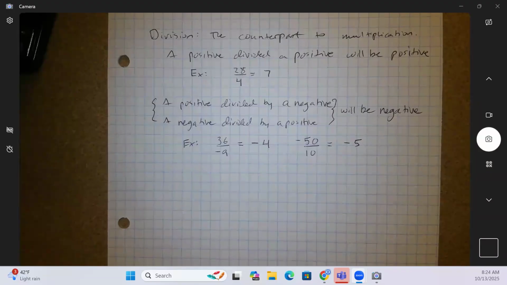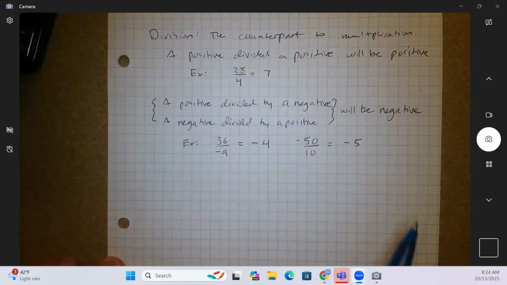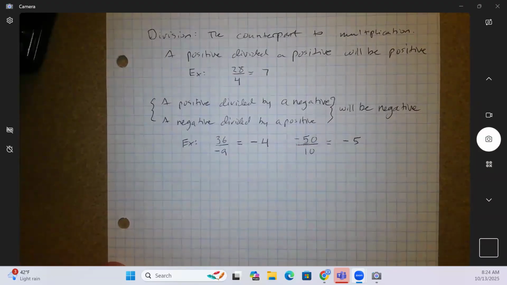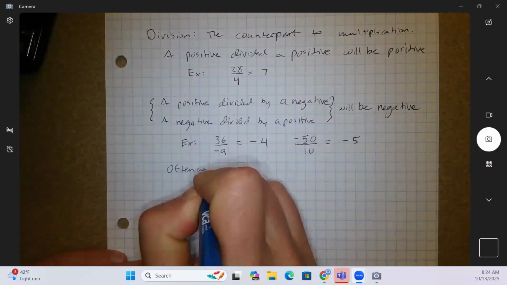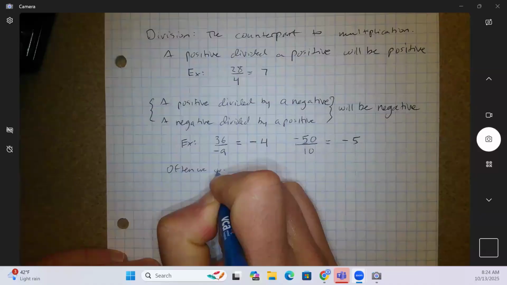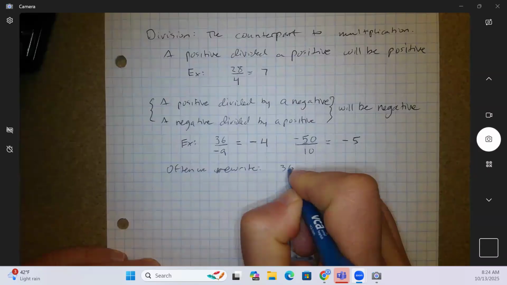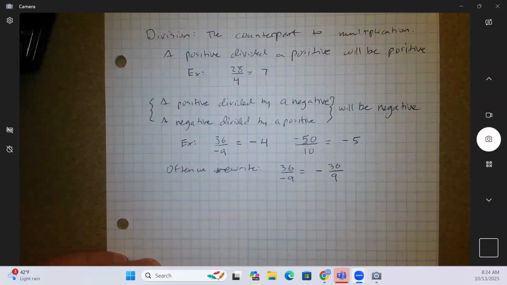I want to draw your attention to where all these negative signs are. Notice in the first example, 36 over -9, the negative is in the denominator. And in the second, the negative is in the numerator. I might have to write down some more definitions. But it doesn't matter. Often we rewrite 36 over -9, I just put the negative in front of everything and call it negative 36 over 9.